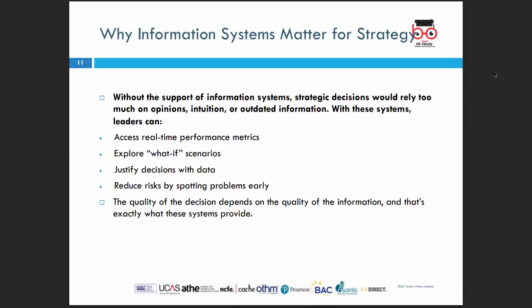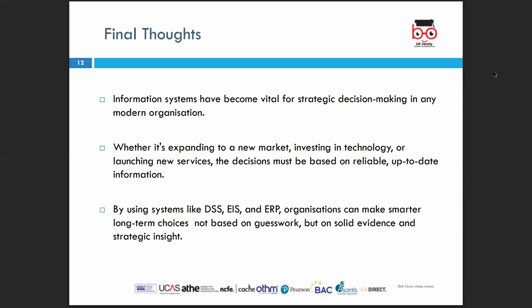Leaders can now access real-time performance metrics, explore what-if scenarios, justify decisions with data, reduce risk by spotting problems early, and the quality of the decision depends on the quality of the information. So that's exactly what these systems provide.